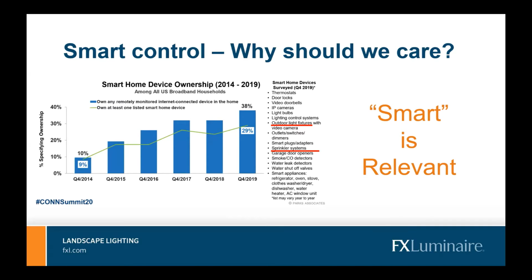It is probably a good guess that these items were not on this type of survey back in 2015, 2016. And the reason for that is because everybody was still focused on smart homes, the indoor portion. Well, it's become so saturated in there, with so many manufacturers, that they're starting to see some opportunity outside of the house.